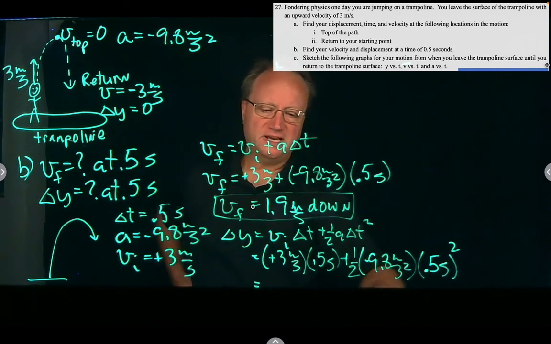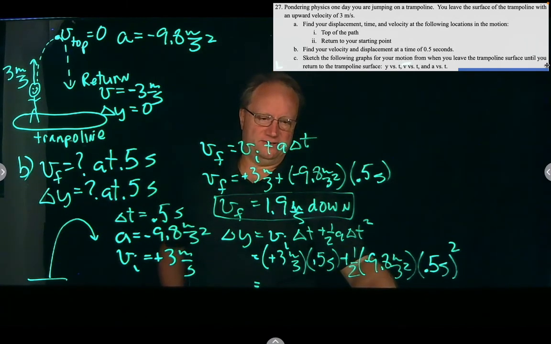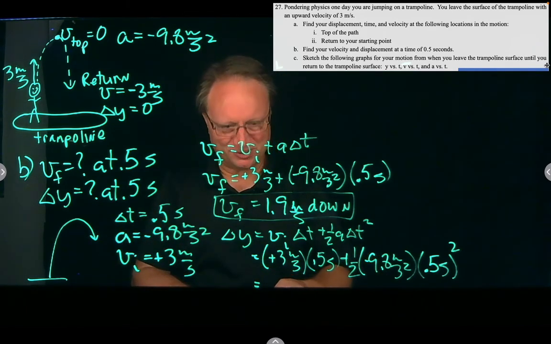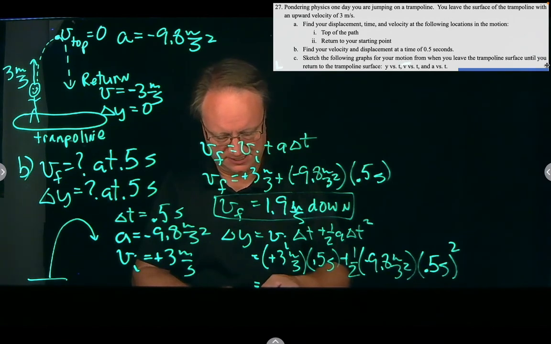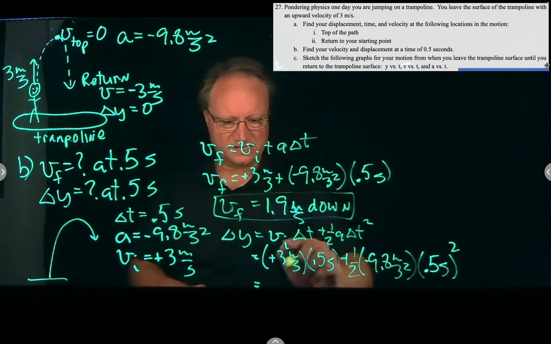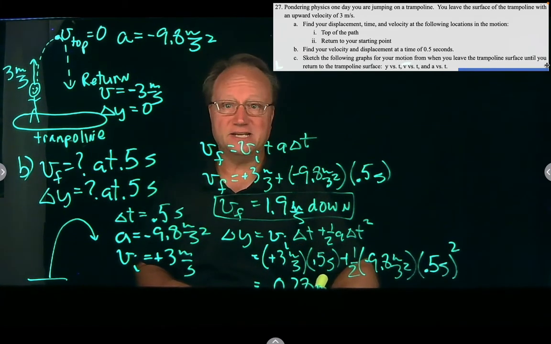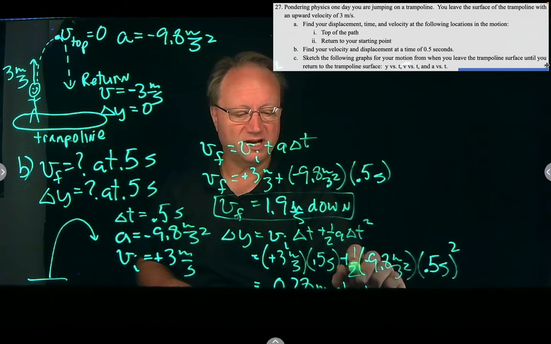Do your algebra and solve down for that value. Forgot to calculate this one ahead. Give me a second to do our algebra there. So that's 3 times 0.5 plus 1/2 times negative 9.8 times 0.5 squared. So that's going to give me a delta y of 0.28 meters. It is positive, so that would mean upward or above our starting location.